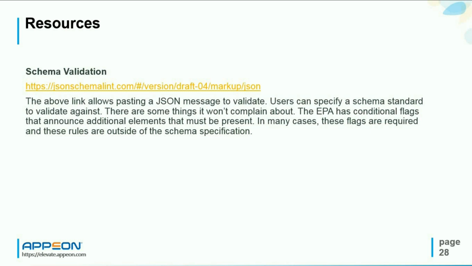So if you start talking about EPA wastes, then you're going to have these other things. That may not show up in the schema at the level it can validate. In many cases, these flags are required and the rules are outside the schema specification.